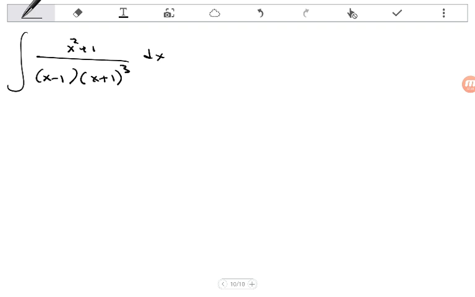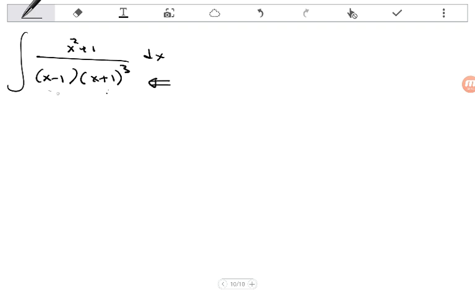First, would I use long division here or not? No long division here. The degree of the numerator is 2 and the degree of the denominator is 4, so there is no long division. I'm ready to make the following steps. The first step is to put the denominator in its simplest form: factorize it and put it as a product.